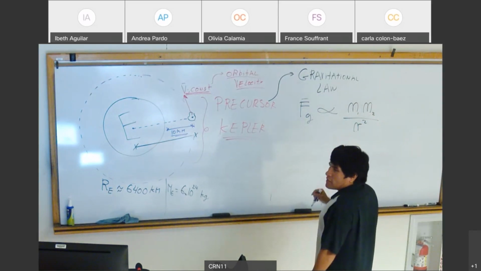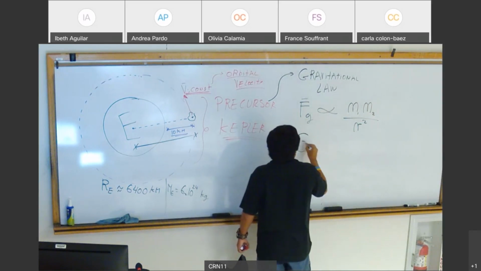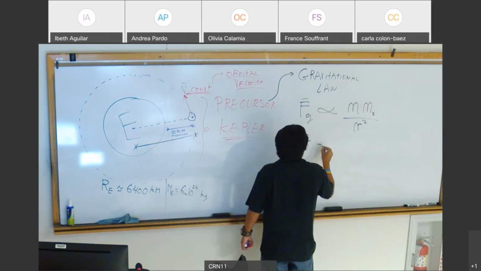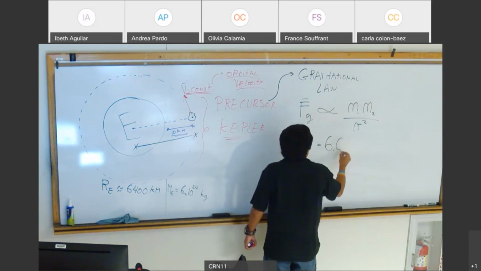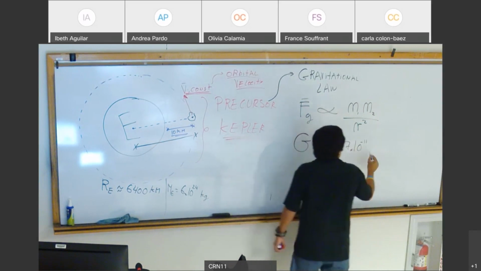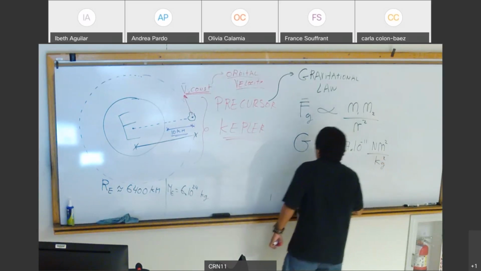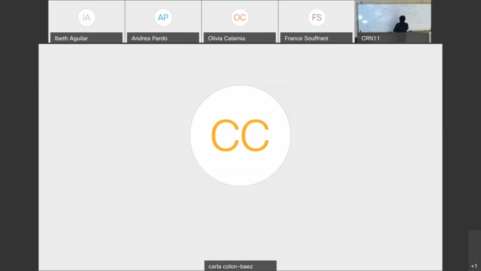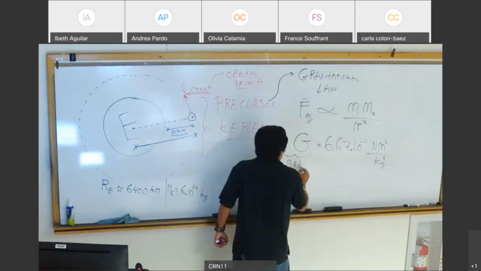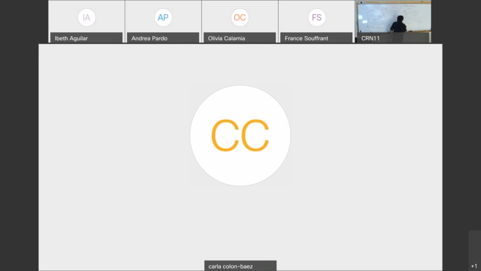And you know what's the constant there? It was discovered later that the gravitational constant is equal to 6.67 times 10 to the negative 11 newtons meter squared over kilogram squared. This is called the gravitational constant.